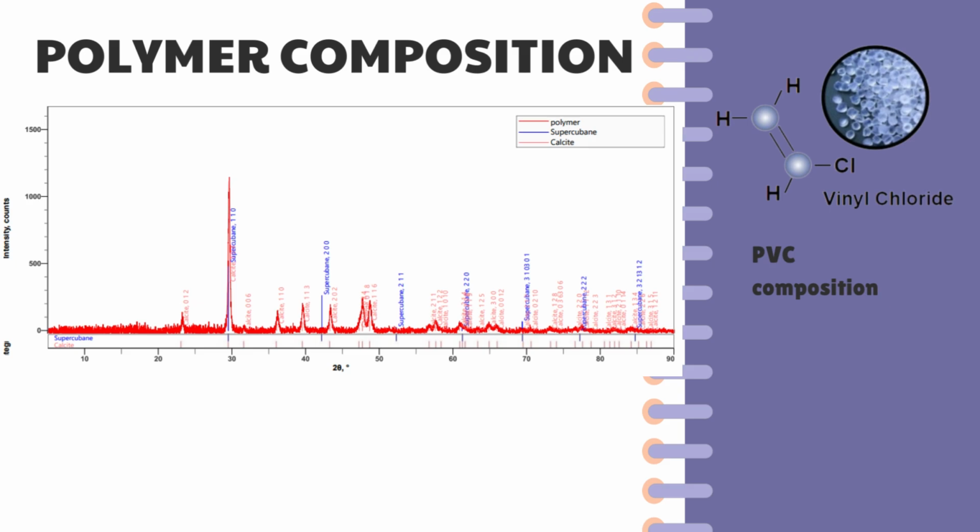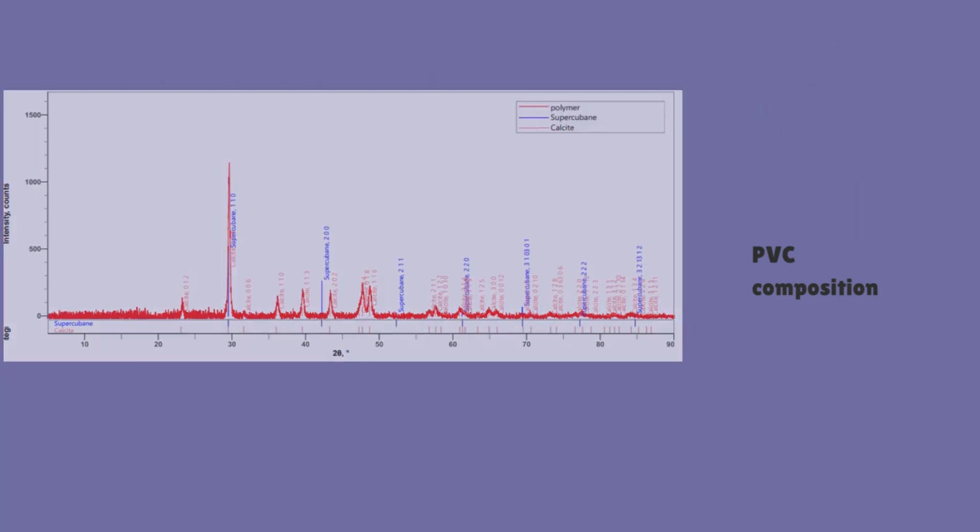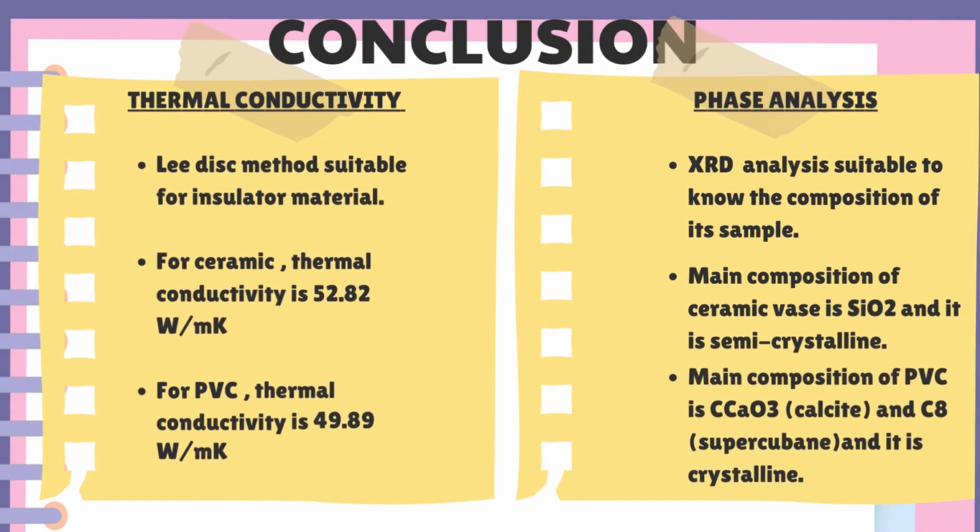So it is believed that our polymer composition does have crystallinity properties, because at the peak there is no vinyl chloride but supercuban and also calcite observed.